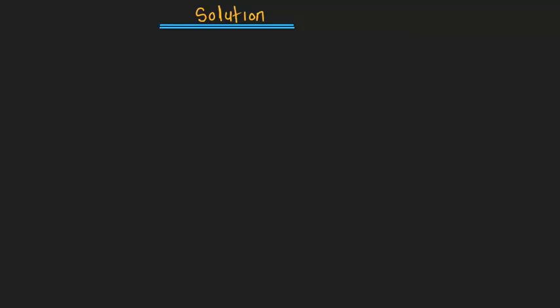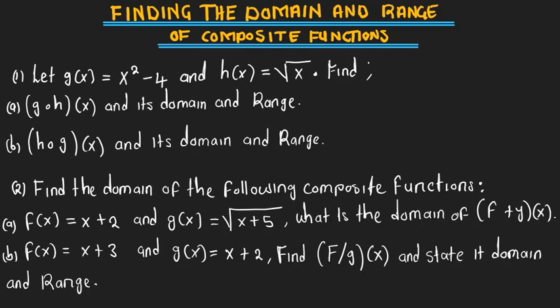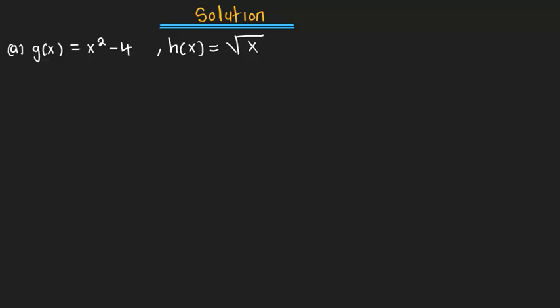So the first one, we have been given g of x to be x to the power 2 minus 4, and then we have been given our h of x to be the root of x, and then we have been told to find g of h.